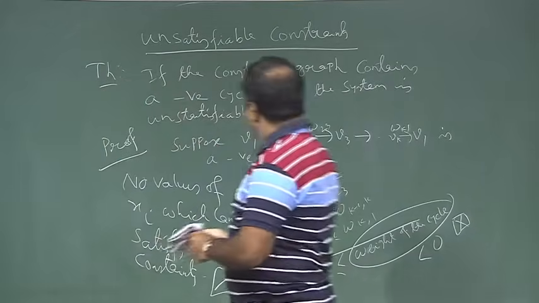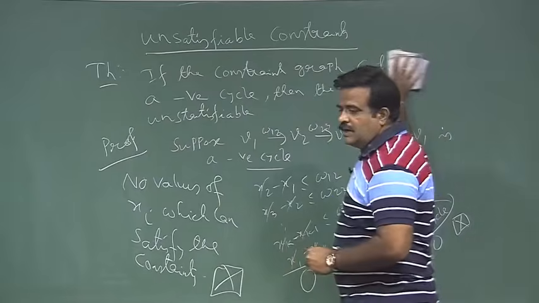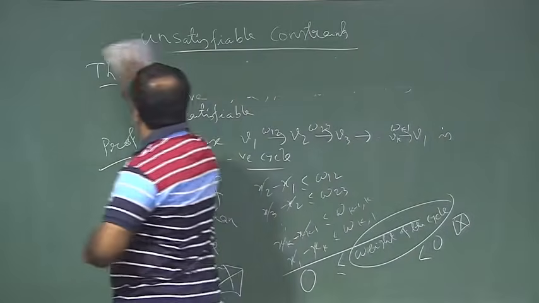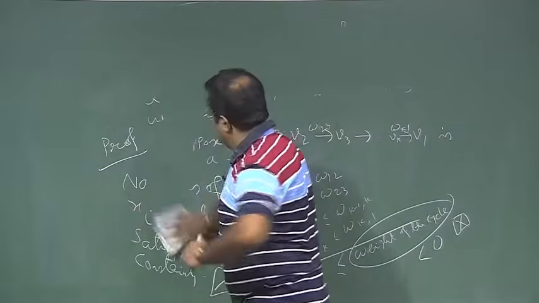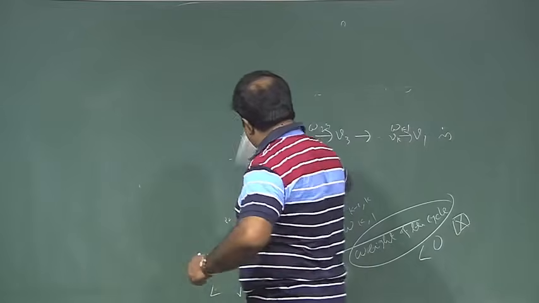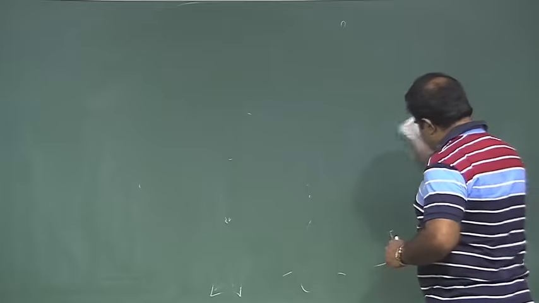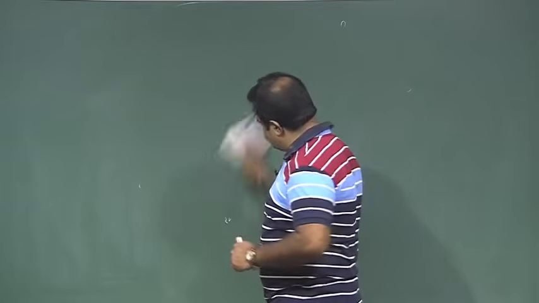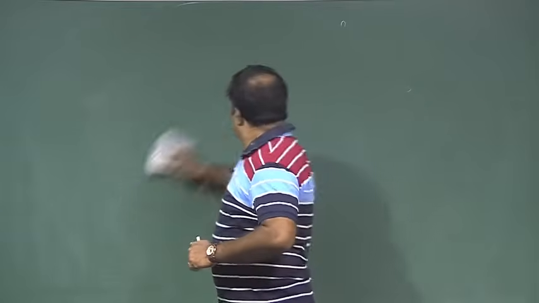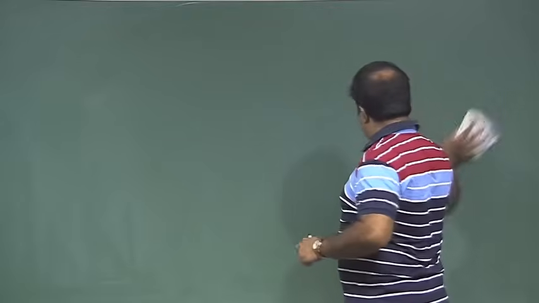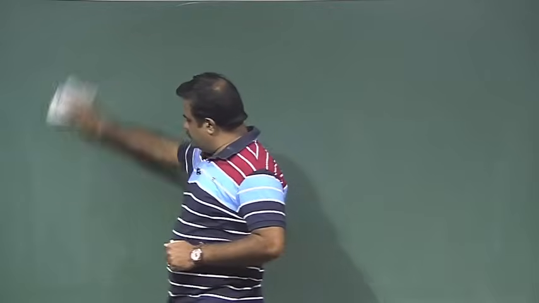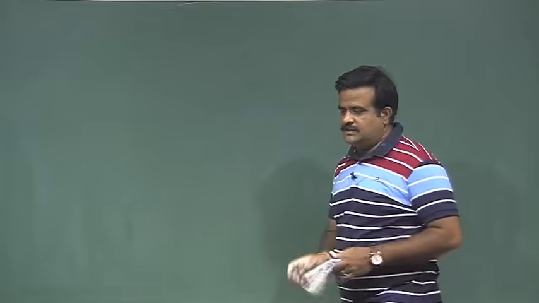That we have to show next. If there is a negative cycle in the graph, then the different constraints are not feasible, that means there is no such xi which satisfies them.